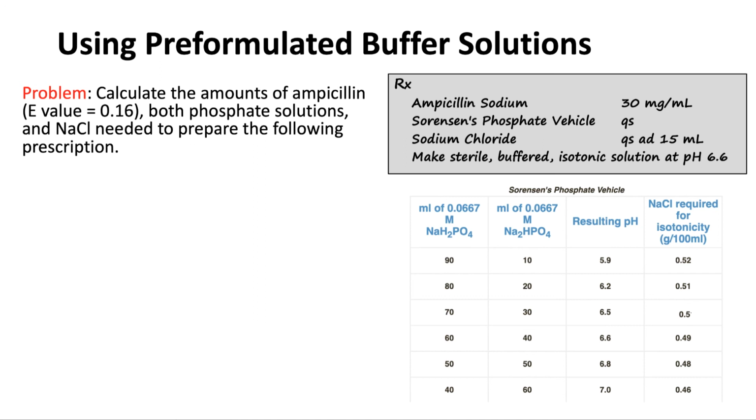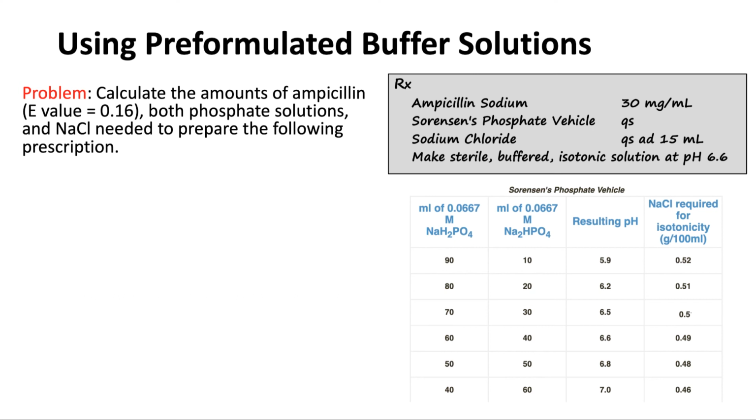And over here we have the other pre-made solution that's 0.0667 molar of the dibasic sodium phosphate. So they come in the same concentration, monobasic in one solution, dibasic in the other solution. Now, the manufacturer provides this table that says, depending on whatever pH you want, use these various volumes of the two different solutions in this combination to get this final pH.